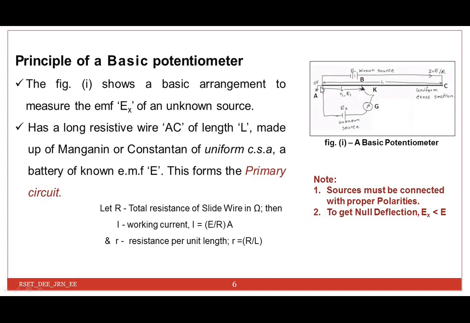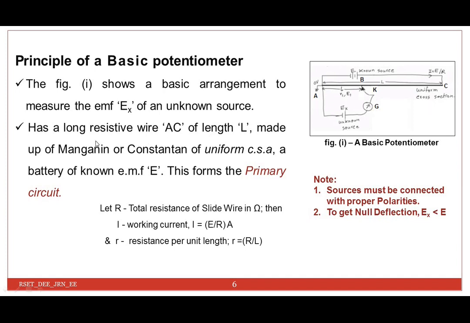Another thing is that to get null deflection on the galvanometer, the unknown source EMF EX should definitely be less than the known source EMF E. Very important.